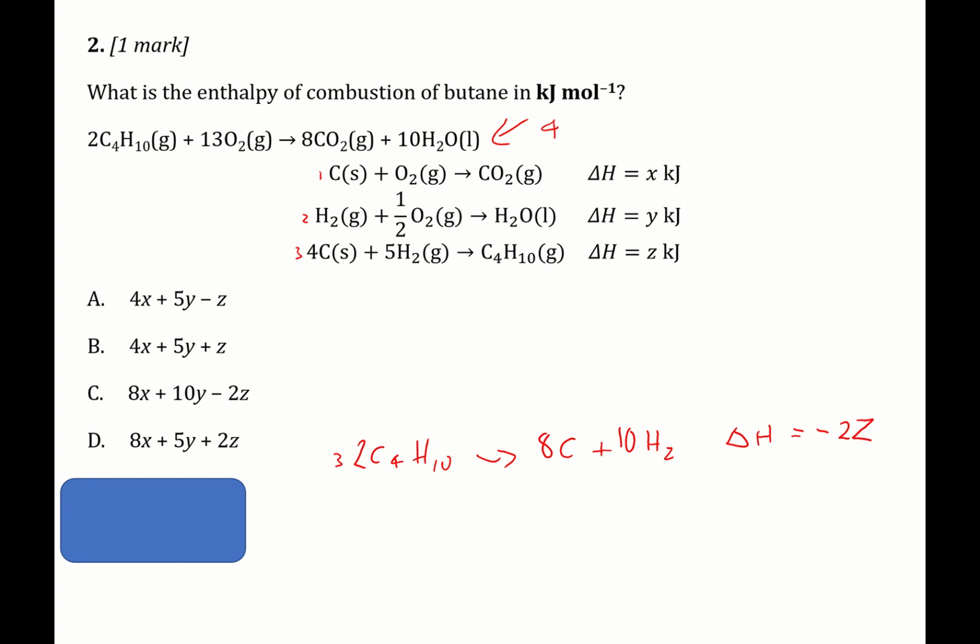So next thing, let's look at hydrogen. Okay, hydrogen, as you can see, is on the product side on both equations, but we only have 1 mole of hydrogen as products here, so we need to multiply it by 10. So we write the same equation out, number 2.